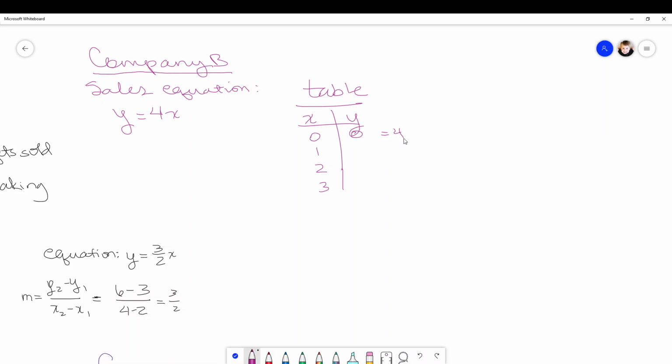This is going to be 4 times 2, that is 8. And this is going to be 4 times 3, and that is 12. Okay, so now I have my table, which of course gives me my coordinates for a graph. So I have 0, 0, 1, 4, 2, 8, and 3, 12.